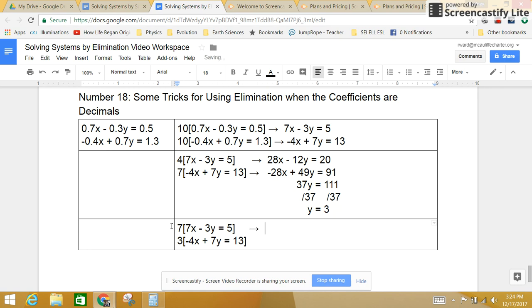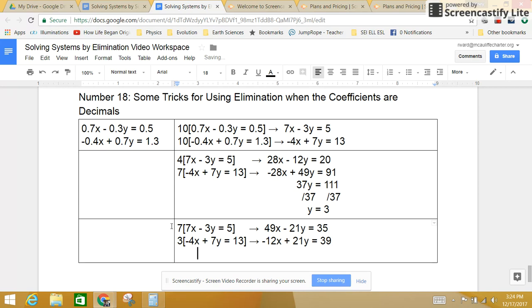So that becomes 49x minus 21y equals 35, and this becomes negative 12x plus 21y equals 39.